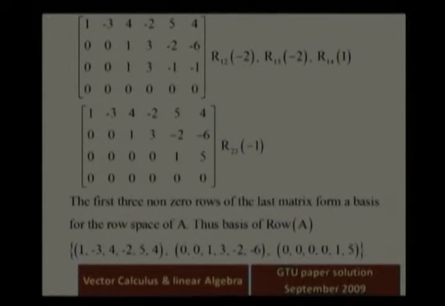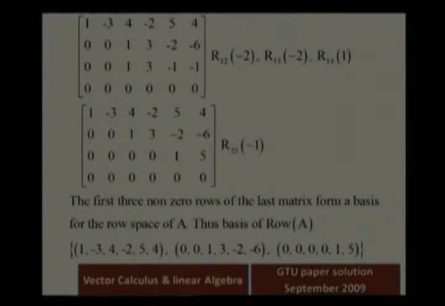The first 3 rows are non-zero rows of the last matrix, and they form a basis. The last row is a 0 row, right?